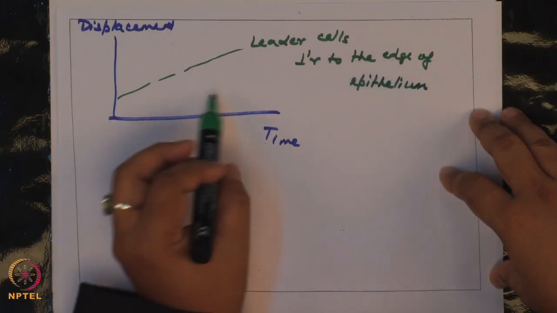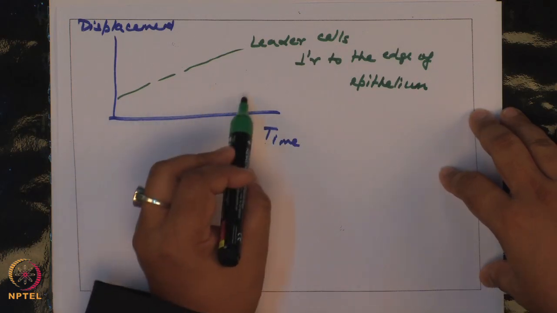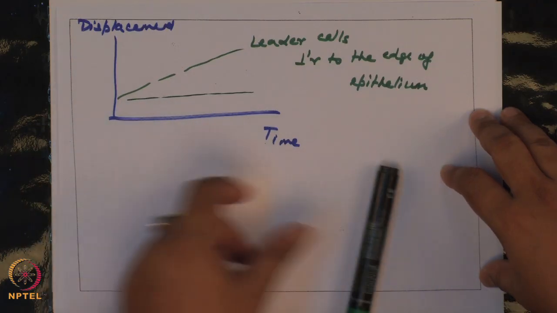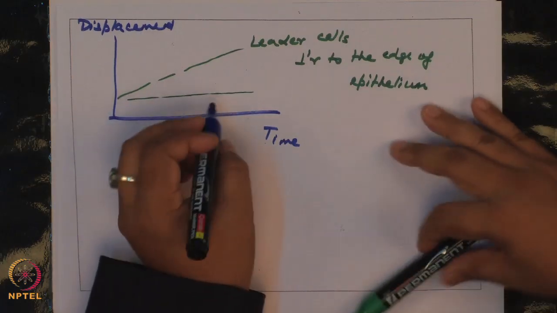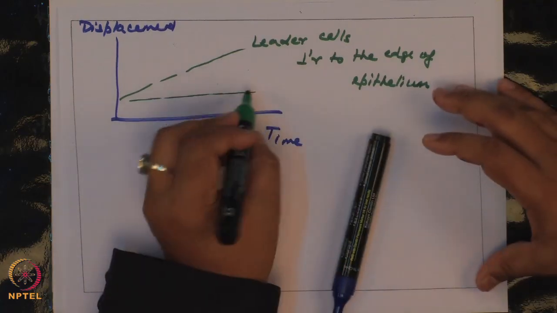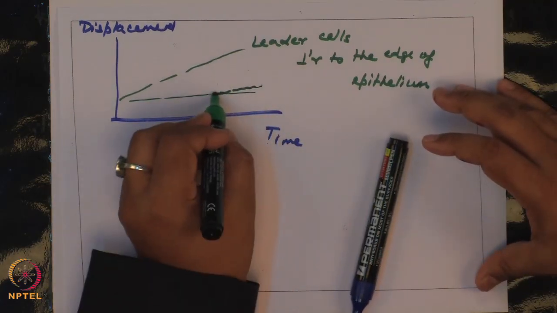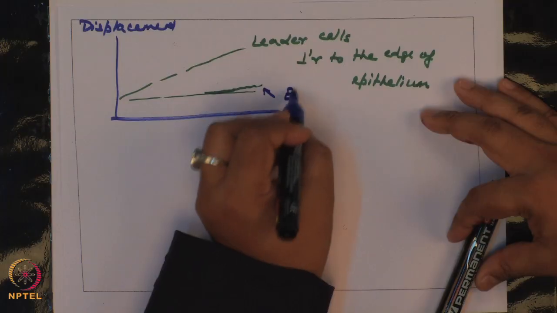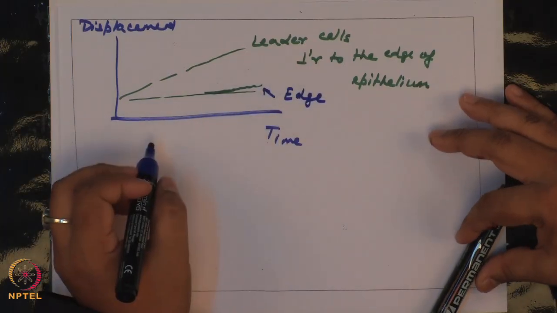In contrast, the follower cells, this is the displacement of the follower cells, were migrating much more slowly as a function of time. These are the free edge which contain most of the follower cells.